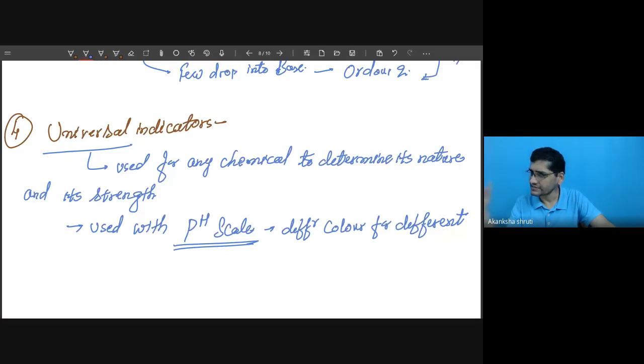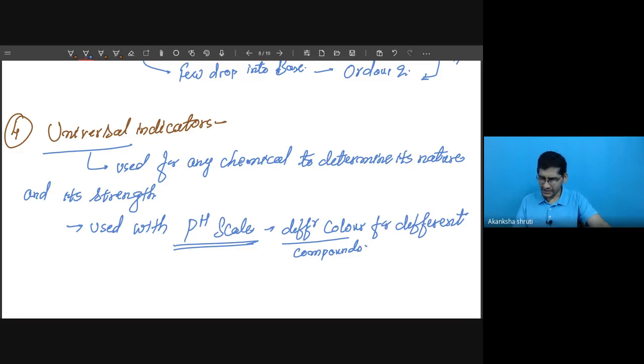Say a strong acid is there, then a weak acid is there. A strong acid will give intense red color, but a weak acid will give light red color. Okay, student? So it will give a different color for different substances or compounds.